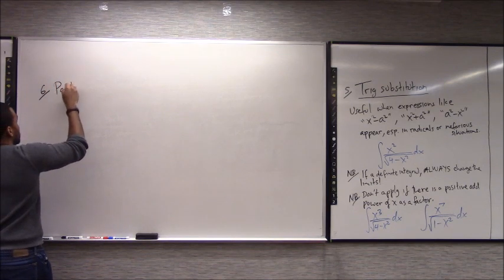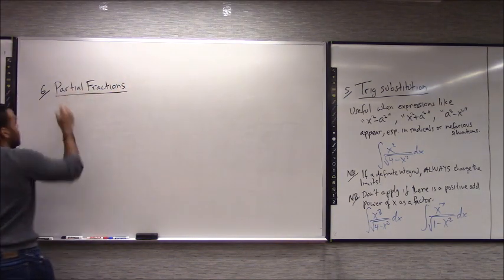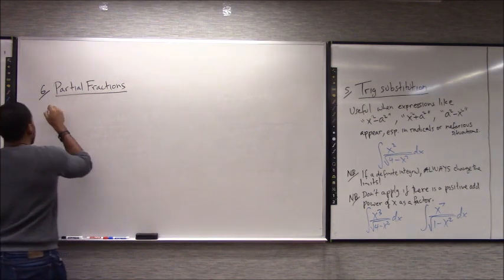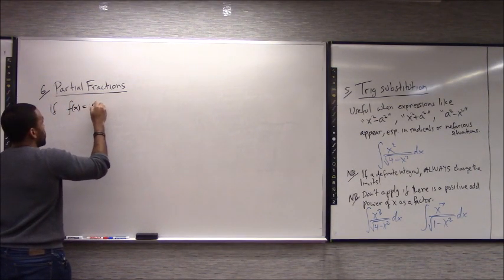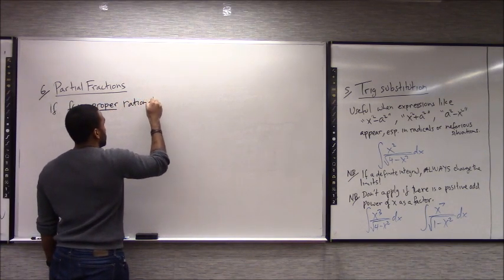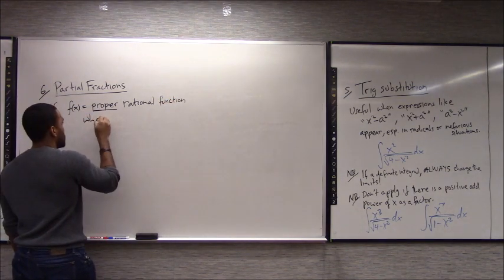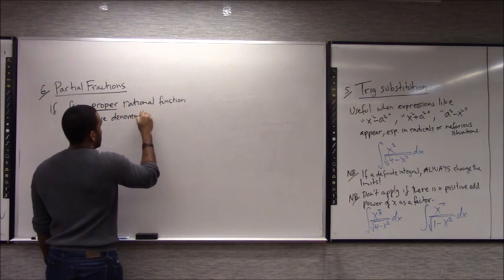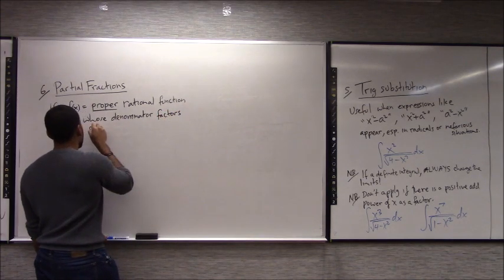Partial fractions. So this is the sixth technique that we learned. When is this useful? This is useful if f of x is a proper rational function whose denominator factors.